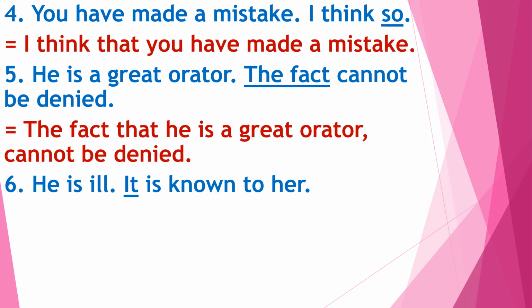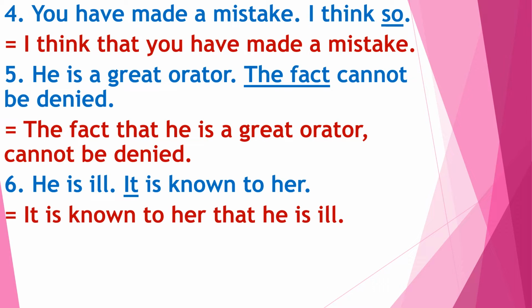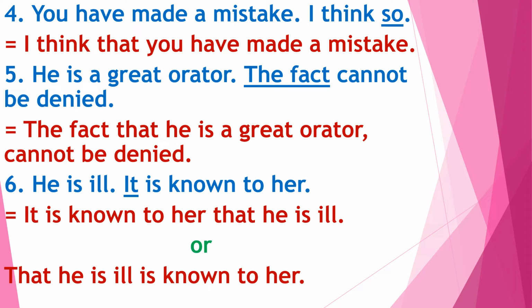Now see the next example. He is ill, it is known to her. At first we use the second sentence, "it is known to her." Then we use the joining word "that." Then the first sentence, "he is ill." In this example, we can join these two sentences in another way. At first we use the joining word "that."